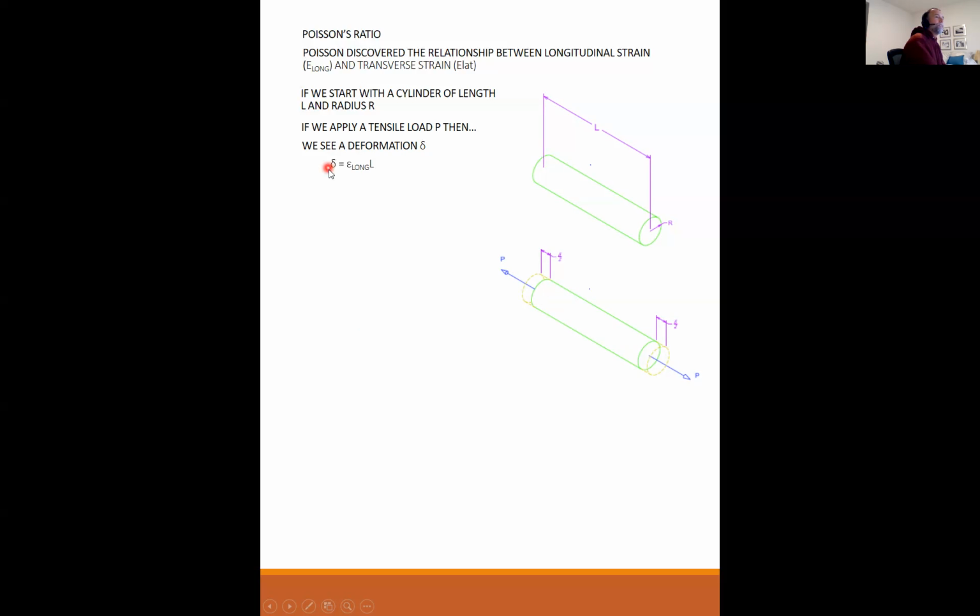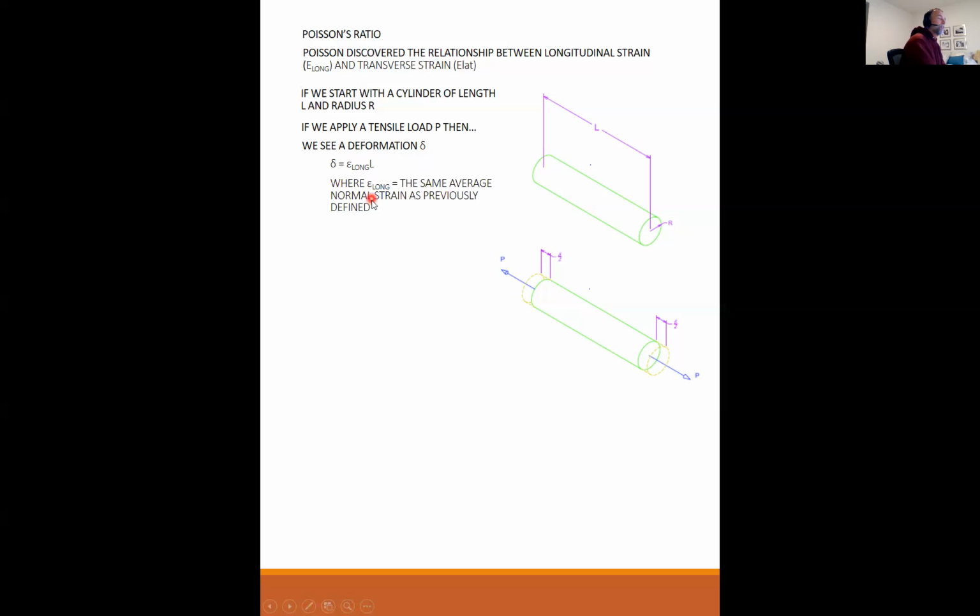Then delta is equal to epsilon long times L, and we learned this before. The total deformation of this rod is the longitudinal strain times the original length L, where epsilon long is the same average normal strain as previously defined as epsilon.